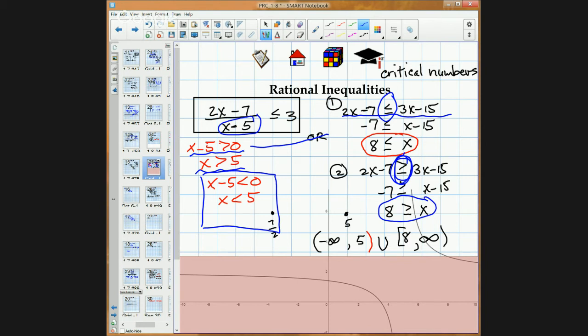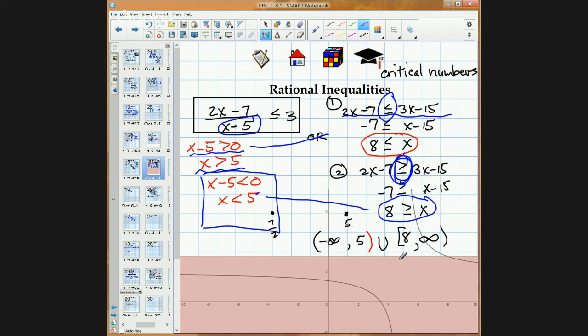Okay? Now, remember, for this part we made this assumption. If x is less than 5 and at the same time it's less than or equal to 8, doesn't that mean it has to be, let's see, how can we put this? If x is less than 5 and it's less than or equal to 8, what's in common between those two is that it's less than 5.